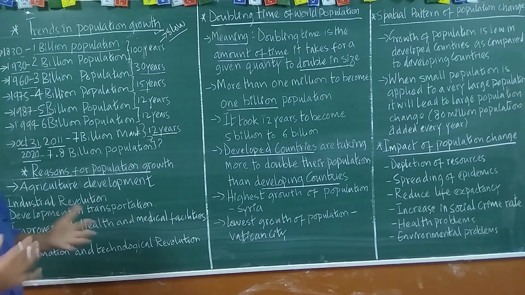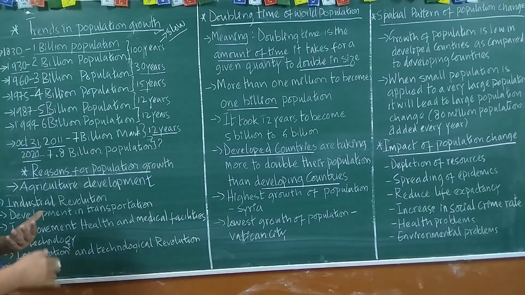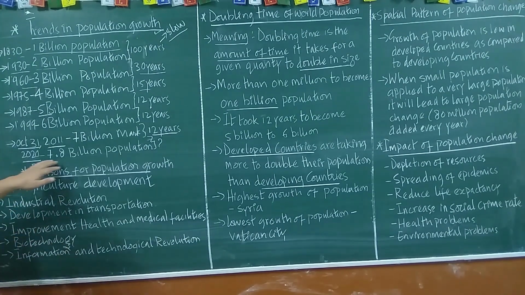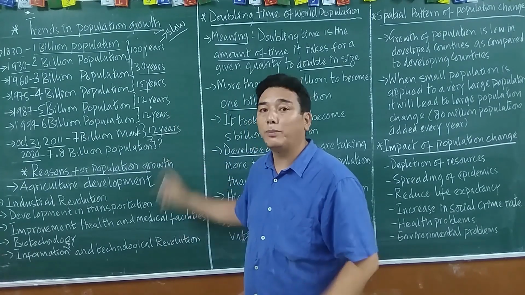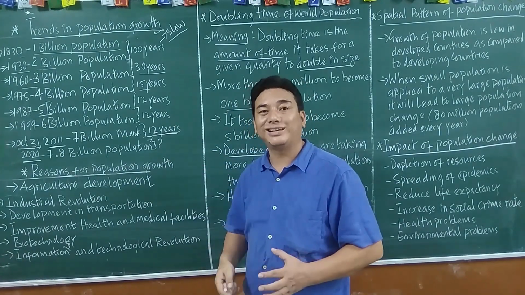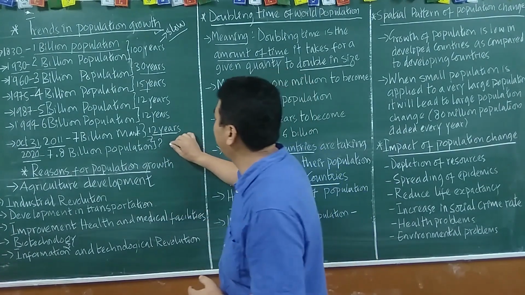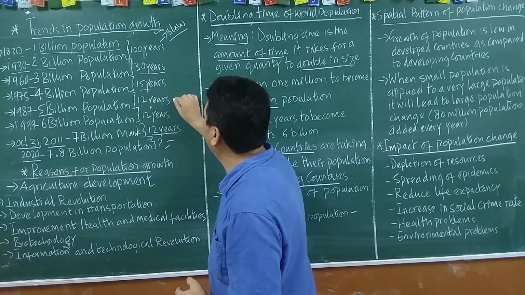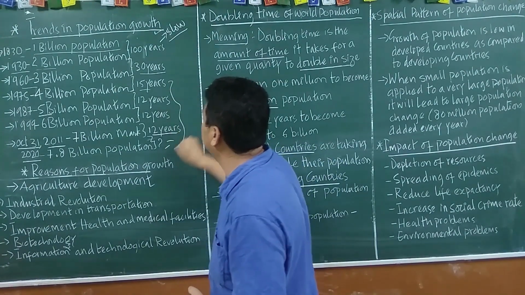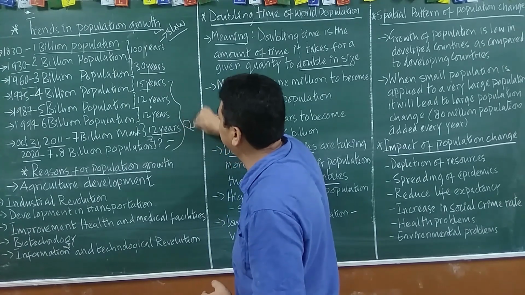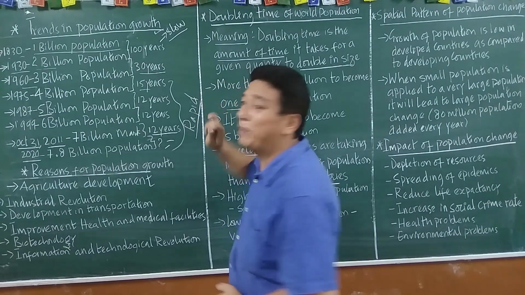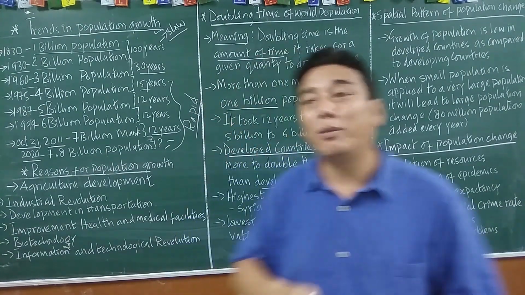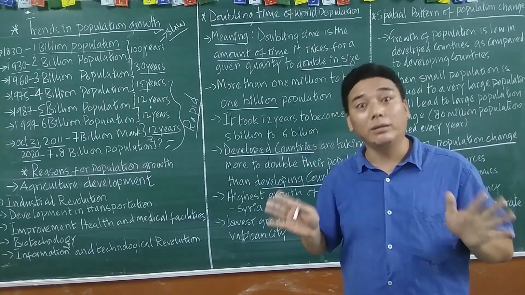And there are 10 countries that will cross the billion mark. So you can see the scenario, how the population is increasing. It is increasing rapidly. All these situations come under the rapid increase in population, and population is increasing at an alarming rate.